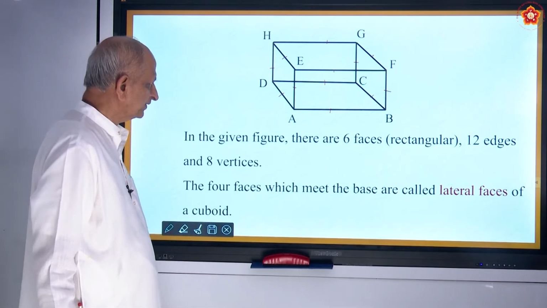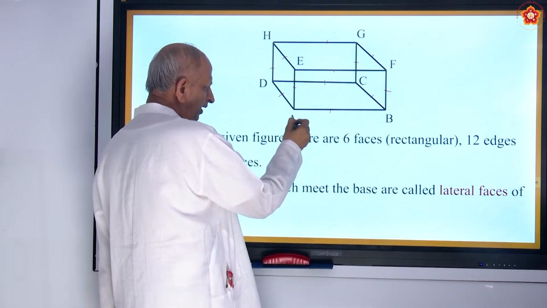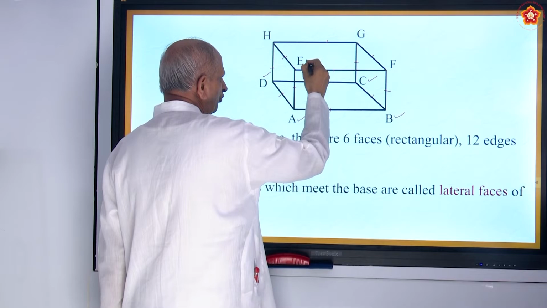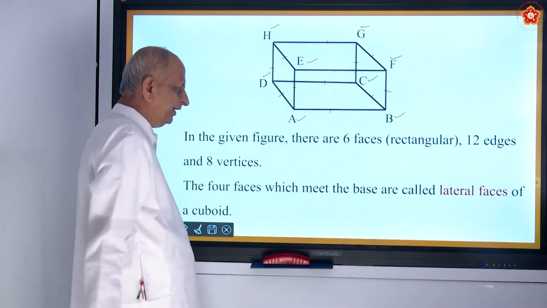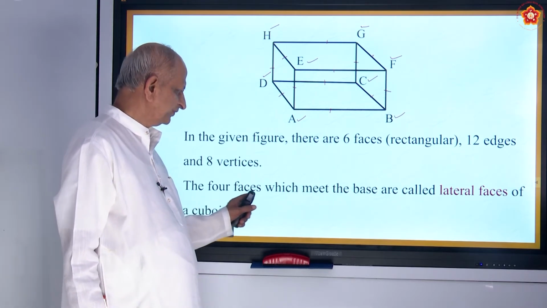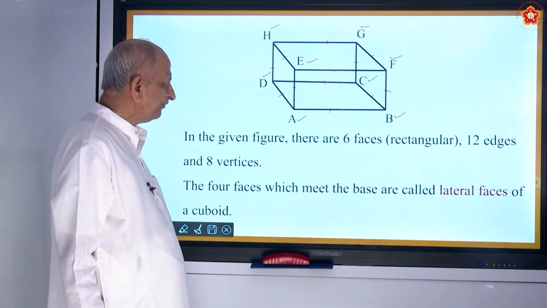And 8 vertices. Vertex, plural is vertices. 1, 2, 3, 4, 5, 6, 7, 8. 8 vertices. And there are 4 faces which meet the base. They are called lateral faces.